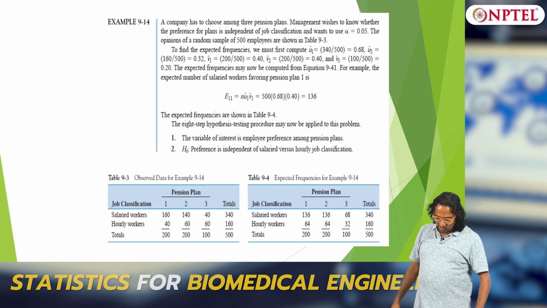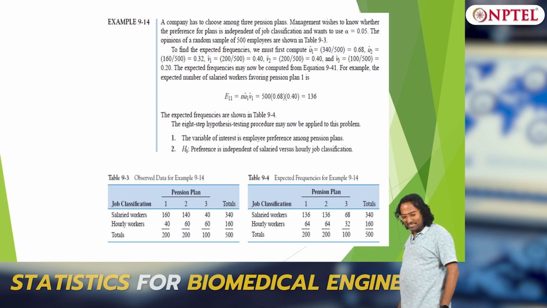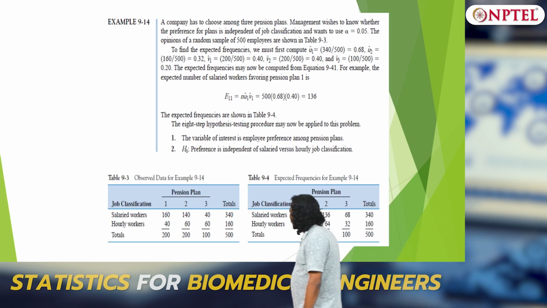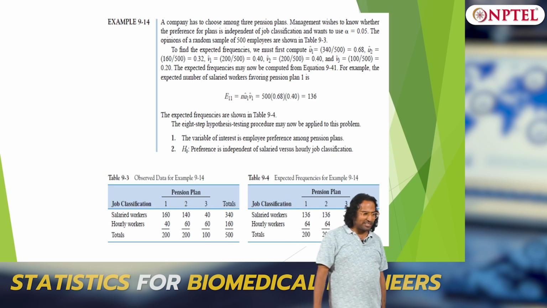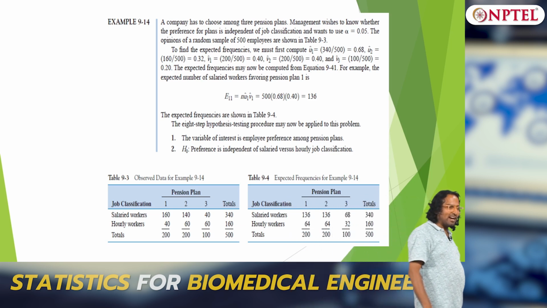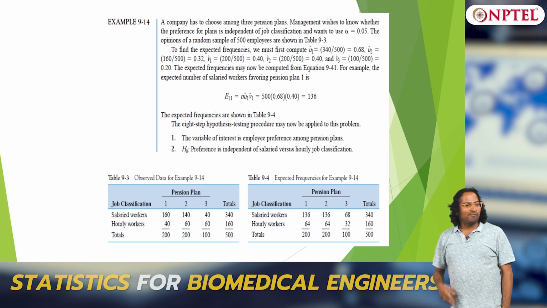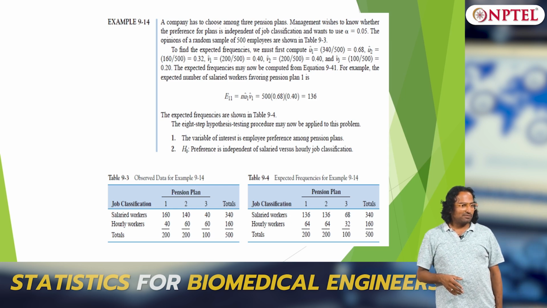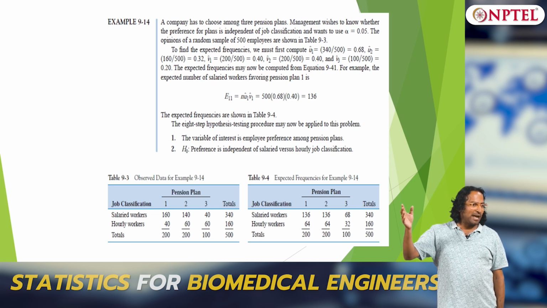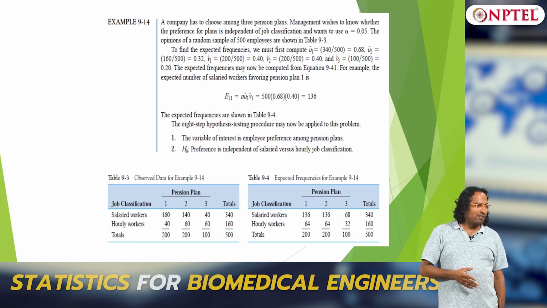So this is the table I have. We have pension plan and job classification. There are 3 pension plans and there are job classifications. We want to know which pension plan which worker has opted for. Will a normal salaried worker opt for a very high plan?